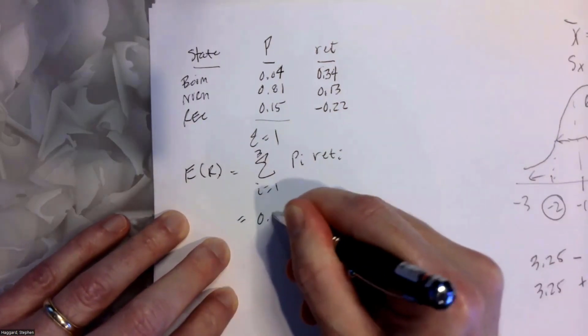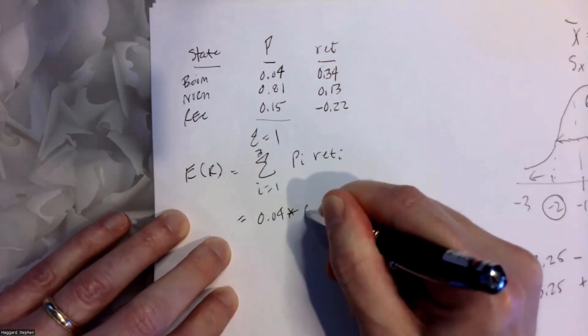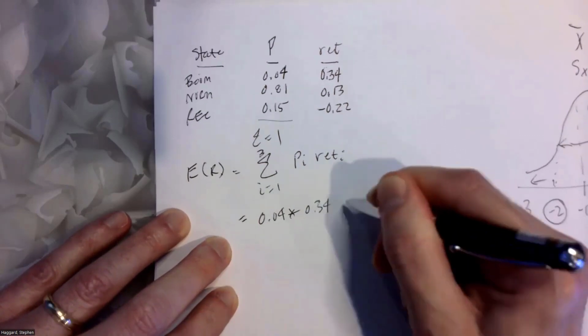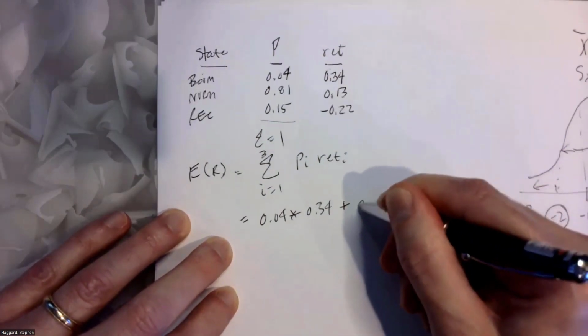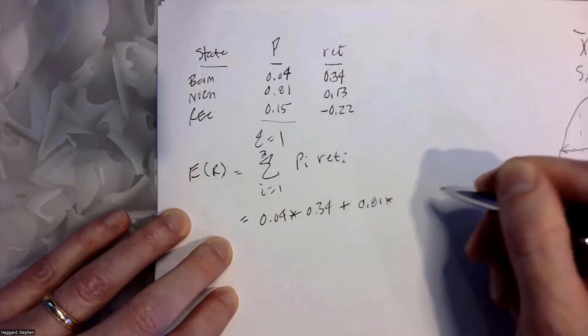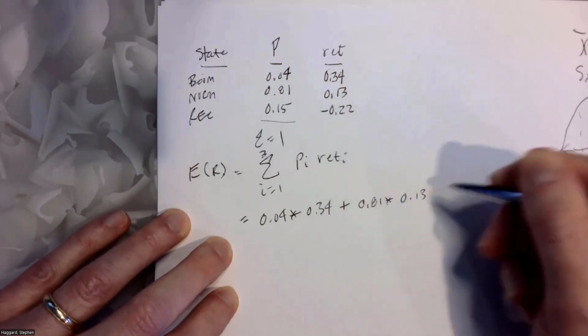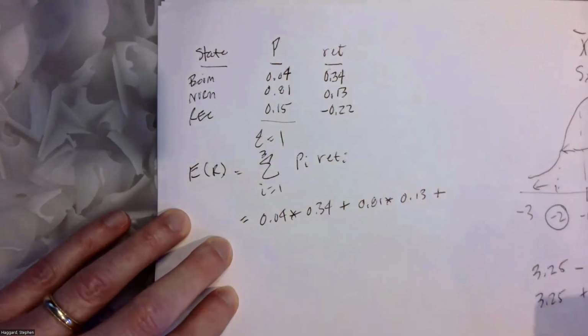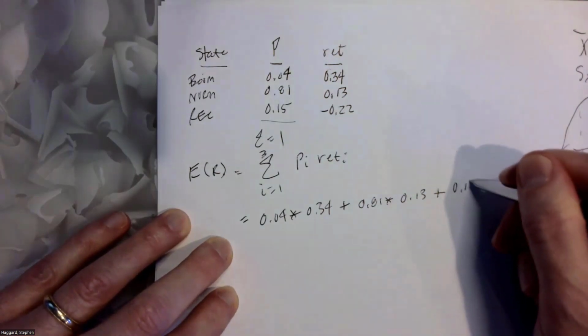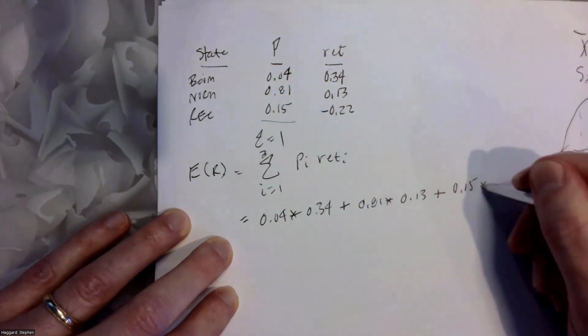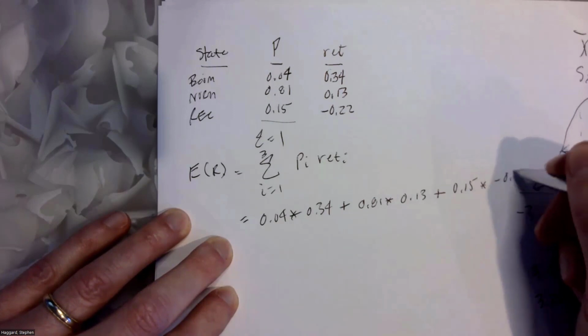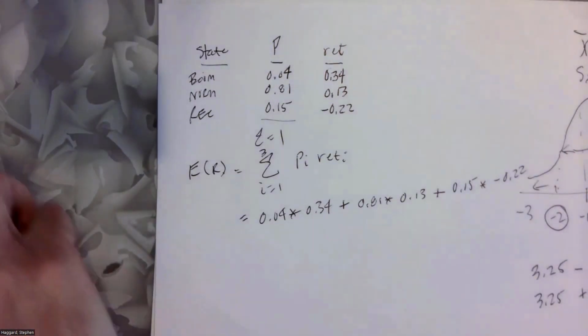And so we've got 0.04 times 0.34 plus 0.81 times 0.13 plus 0.15 times negative 0.22.